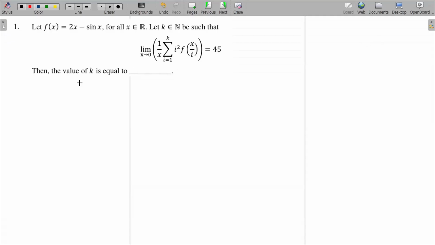All of you can try at your own way. One thing is, yes, what Sunil said is also okay. You put x by i, try to simplify, and then multiply by i square, and then divide by x. Take the limit inside. See what happens.